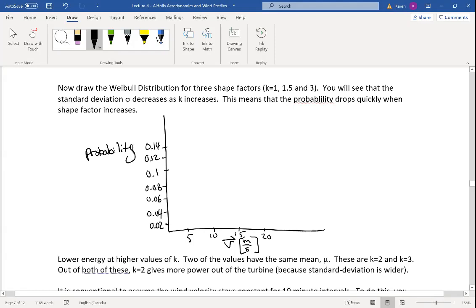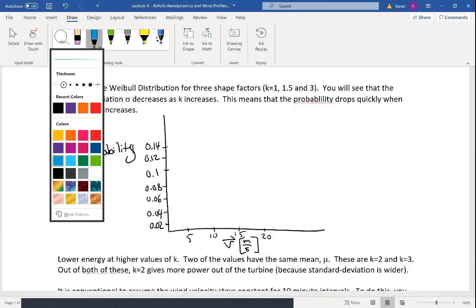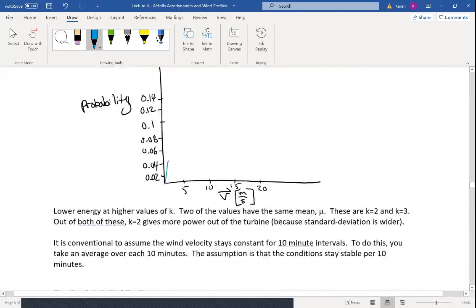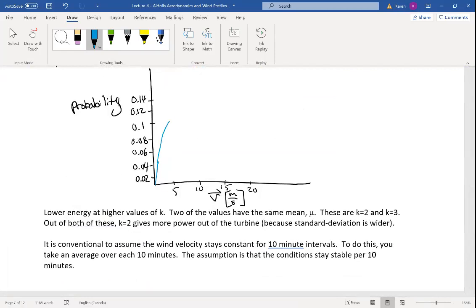Now K determines the shape. Let's do a medium K. Medium K is around about what we saw before. A medium K is going to look about like this.